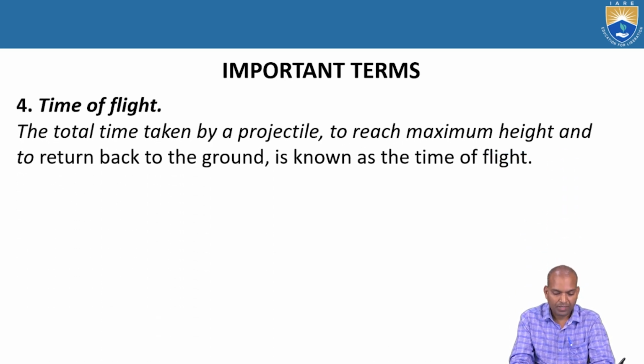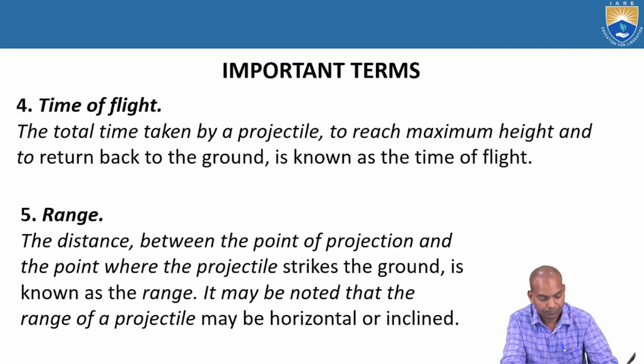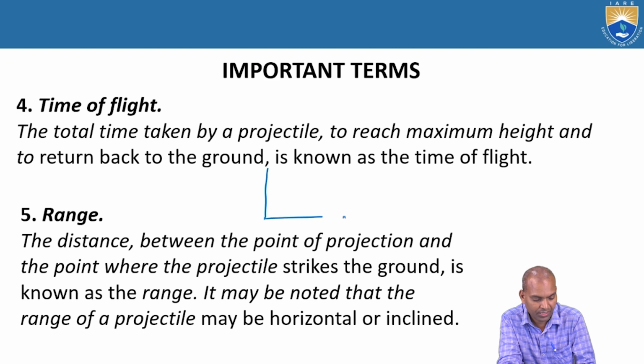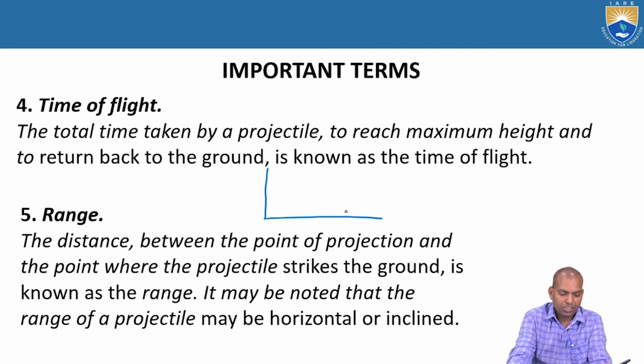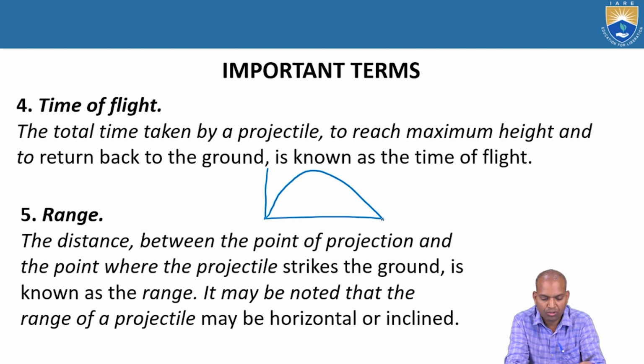The next and final term is the range. Range is nothing but the horizontal distance, that is, the distance between the point of projection and the point where the projectile strikes the ground. The projectile starts moving and strikes the ground.